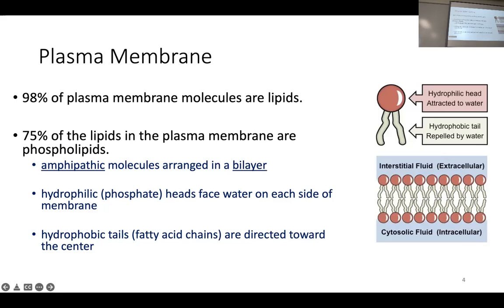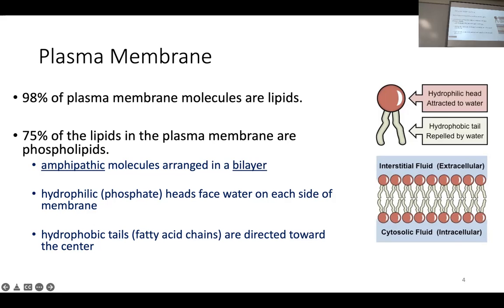A couple of important aspects of them: they have a hydrophilic head and hydrophobic tails. That makes them what we call amphipathic. Amphi means both ways, so two paths, the hydrophilic side and the hydrophobic side. And they're arranged in a bilayer. So it's not just one layer, there are two, as you can see here.